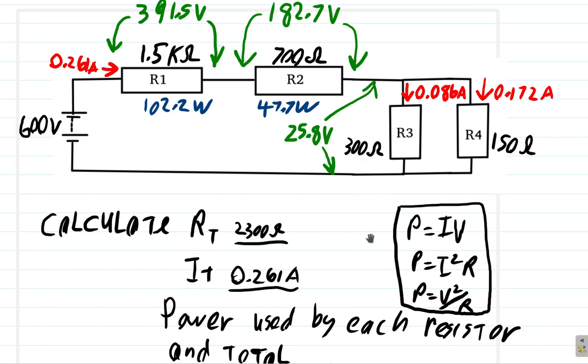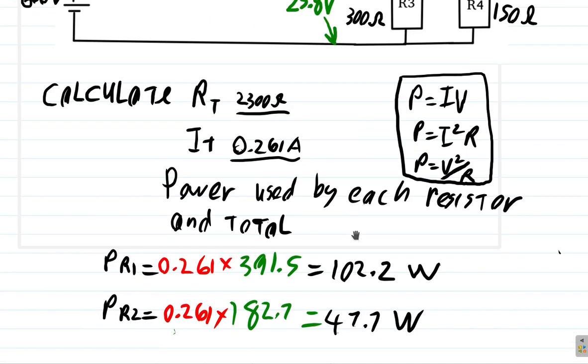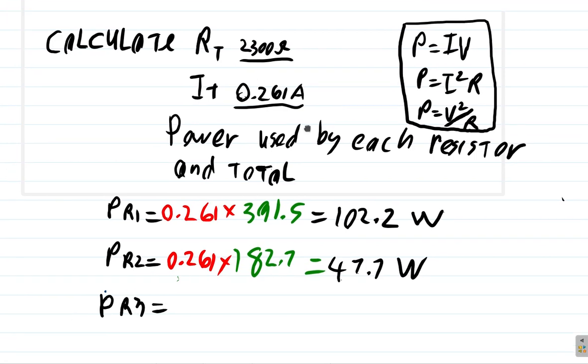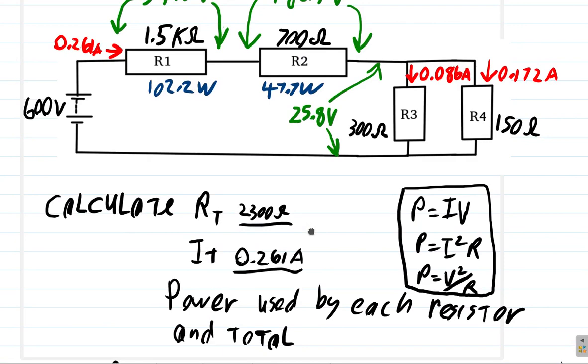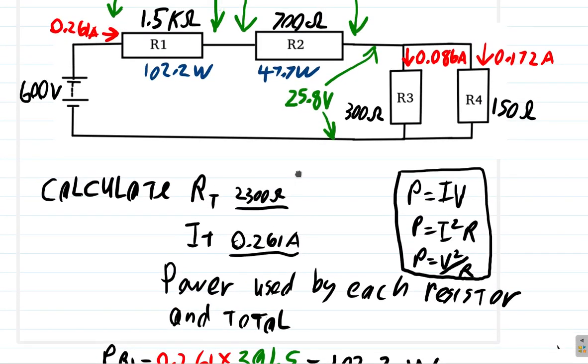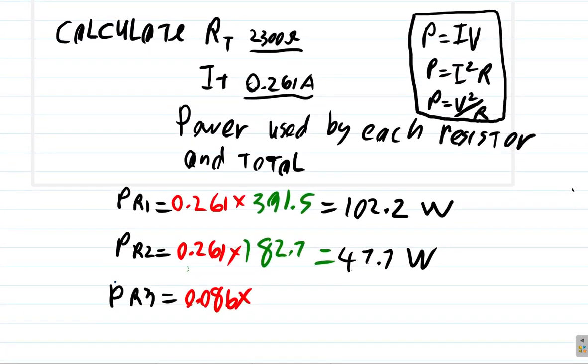Now, what about the power being used by R3? The power being used by R3 equals, we could use IV, 0.086 multiplied by the voltage drop across it, 25.8 volts.